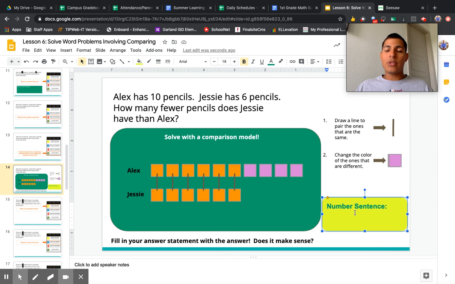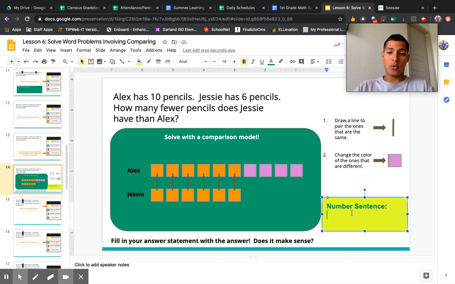So how can we make that into a number sense? How can we solve this using a number sense or equation, right? Number sense is what we really like to call it, but we know it's technically a math equation. It's going to be very similar to how we did it last time, just different numbers, right?